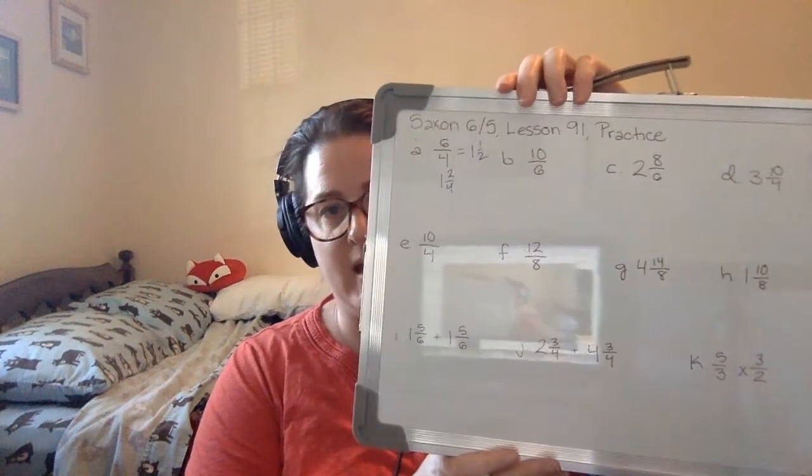It's just not in its lowest terms because 2/4 reduces to 1/2. So 6/4 should really be written as 1 1/2.